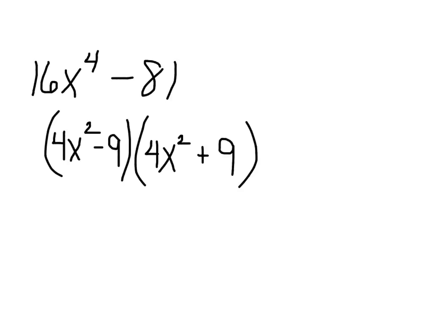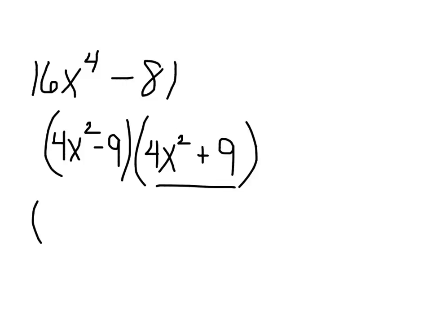Whenever you factor it like this, if you still have quadratics left in there, remember, highest exponent 2, always assume you can go further. This one cannot. Because what times what is going to give you 9, but add up to be 0? It ain't going to happen. Unless we have i's, which we're not going to do when it comes to factoring.